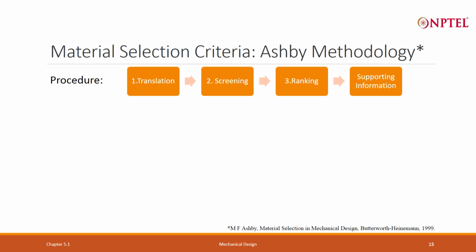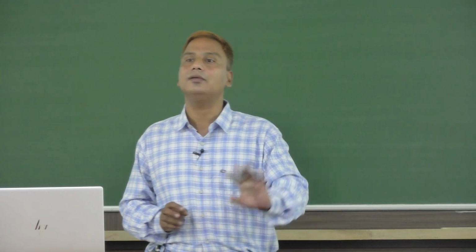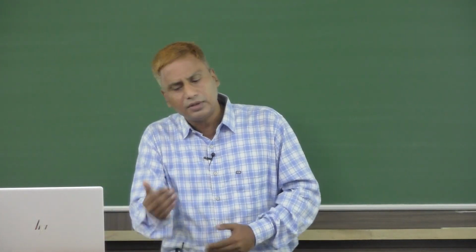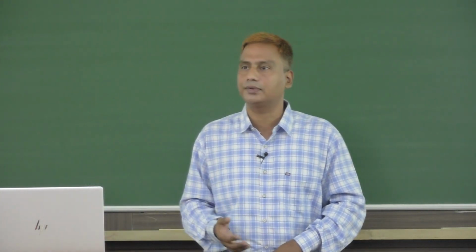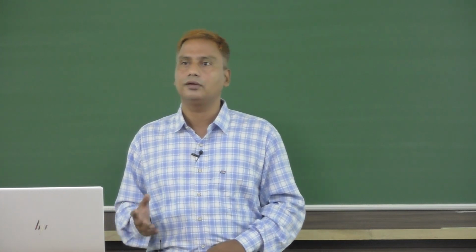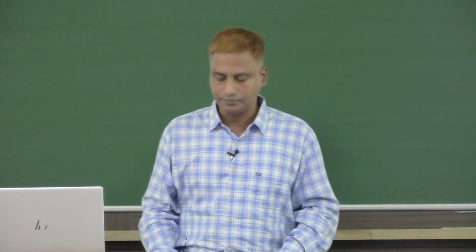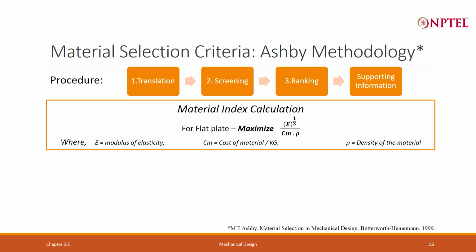If they have a similar material index, we will take the material which has the lowest thermal conductivity. So in that case we will go for ABS. This supporting information also helps a lot in selecting a particular material. Next, we are talking about material index calculation.